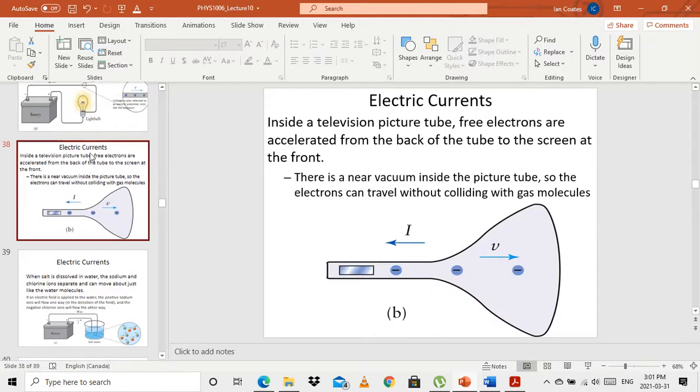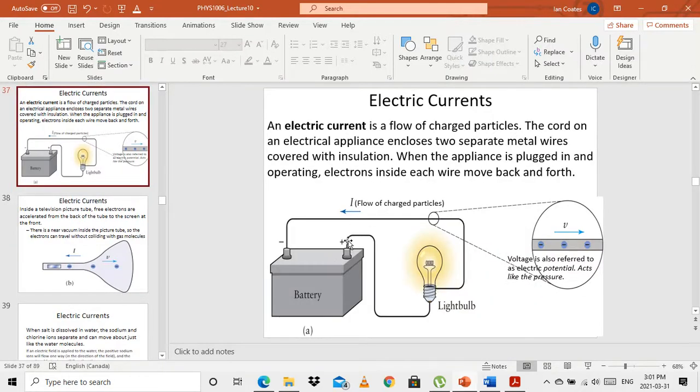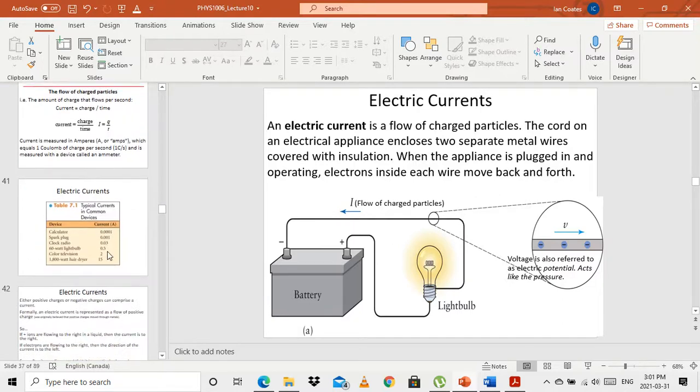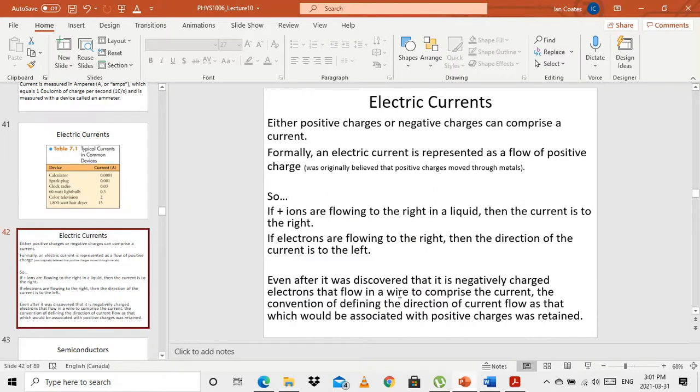Originally, it was thought that the protons were flowing, so that's why the arrow was going this way. But if the arrow is going this way, really, you need to know that the electrons are flowing this way. That's what we're looking for, the current. The current is always written backwards. That's basically all that slide says.